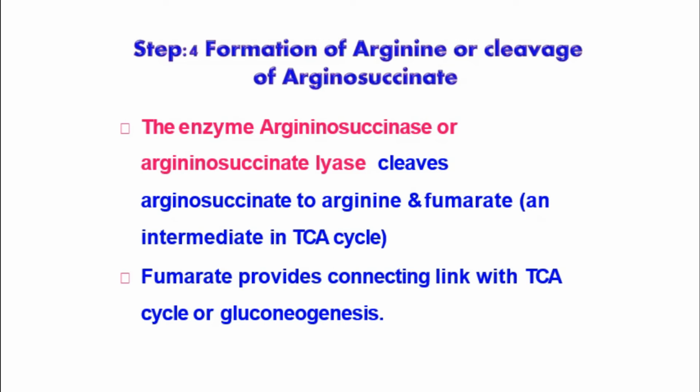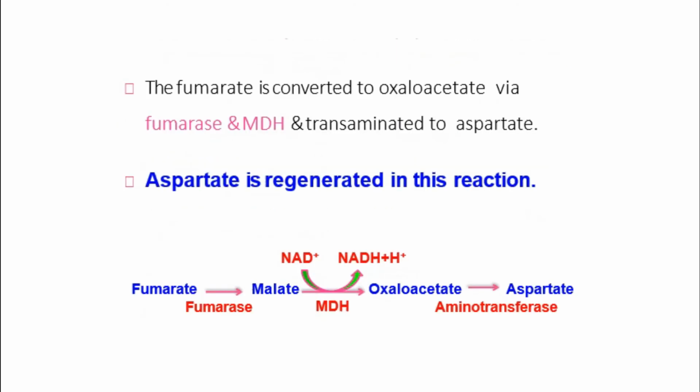So during this step, this may create a connection between the urea cycle and the Krebs cycle, or TCA cycle, or directly to gluconeogenesis. So this is the fourth reaction. As you can see here, fumarate and malate can be converted into oxaloacetate and aspartate. Remember that aspartate is regenerated in this reaction.